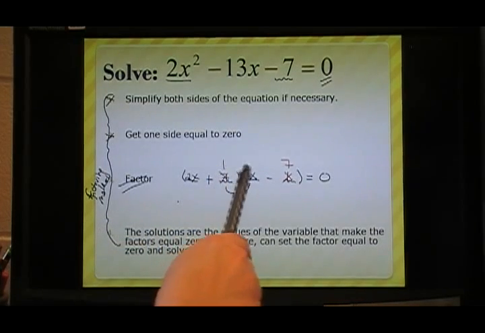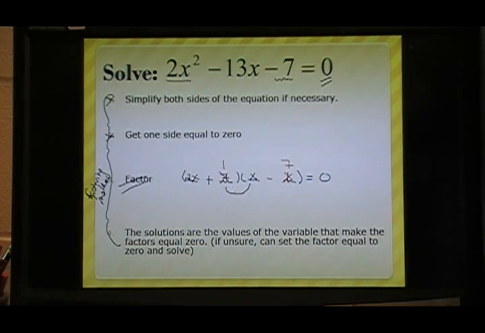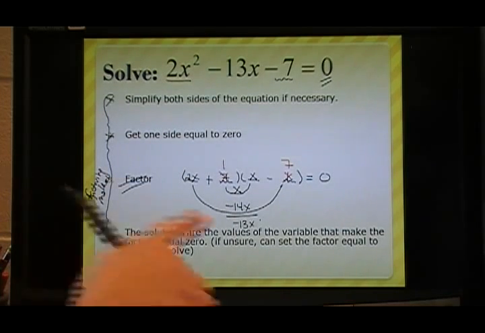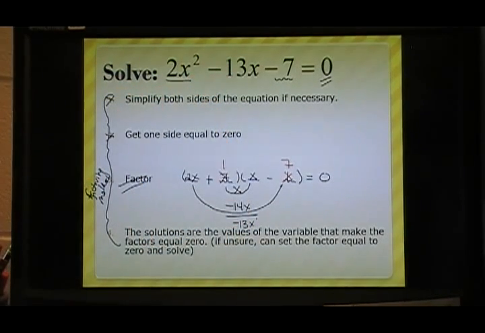So when I multiply 1 by x, that gives me x. And when I multiply 2x by -7, I get -14x. And the sum of 1 and -14 is -13. So this matches this, so I know that I have the correct factorization.